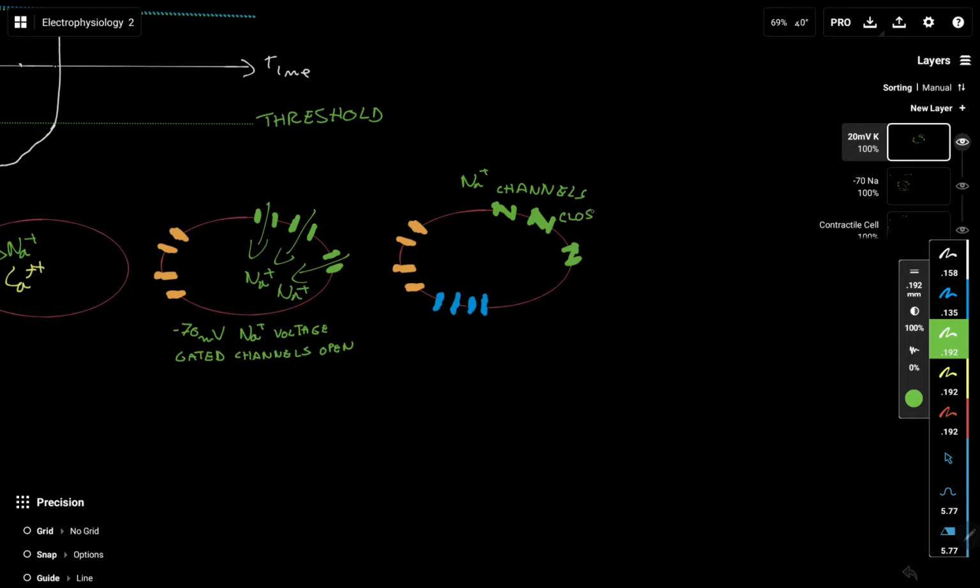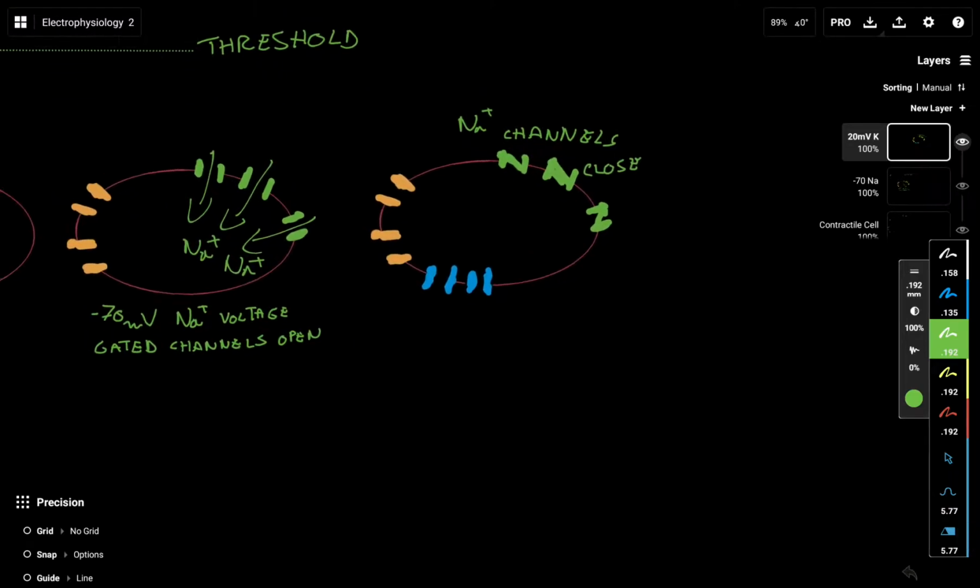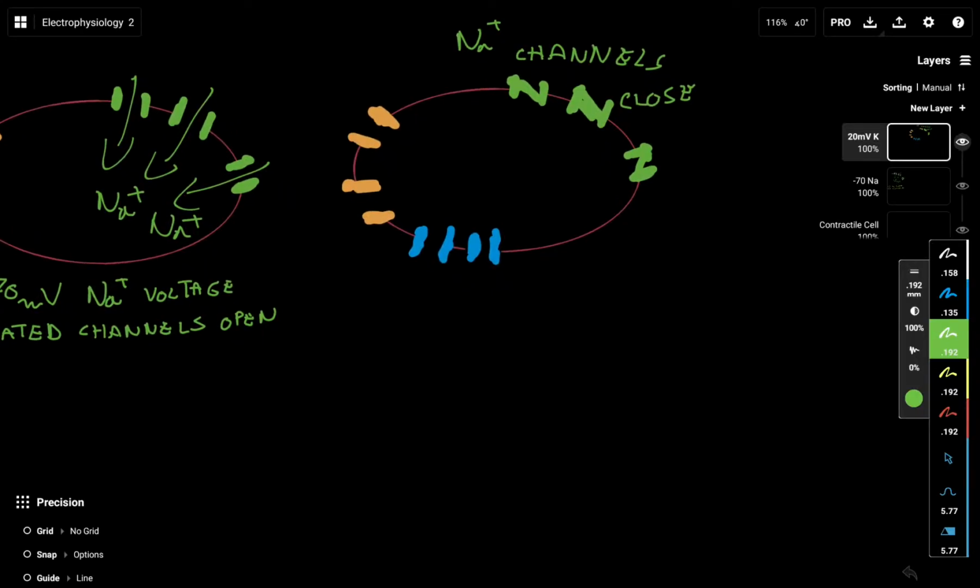But at the same time, something else is happening: my potassium voltage gated channels will open up instead. So we're just going to put it here, at plus 20 millivolts, potassium.